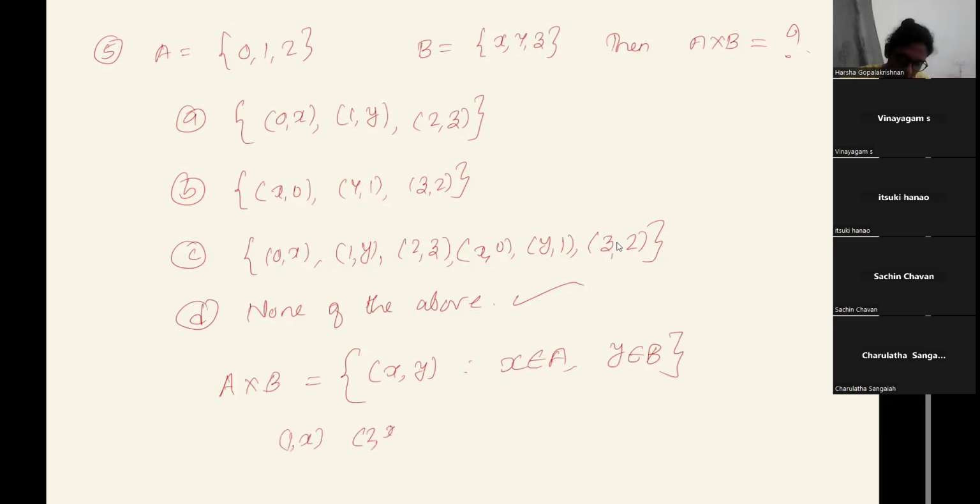So many elements are there, and all these belong to A cross B. Now, what about B? Is B a subset of A cross B?